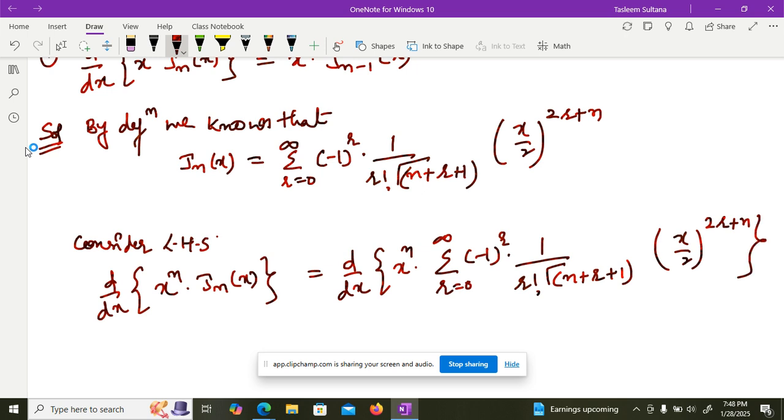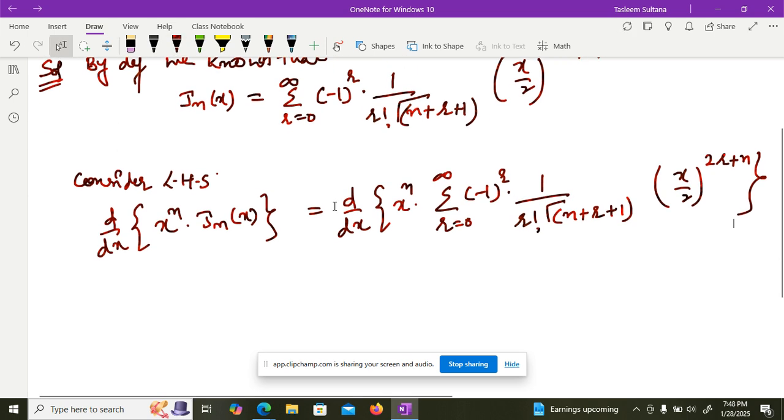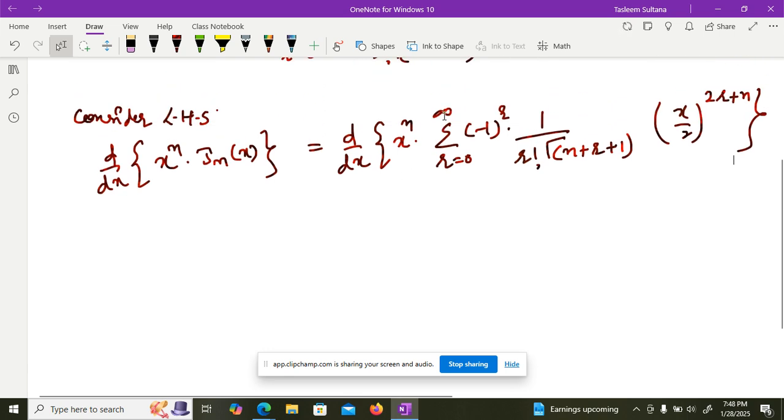Now, outside there is differentiation with respect to x. So the remaining terms we will write outside the differentiation, because differentiation is applicable only to the x term, not to r, not to n.